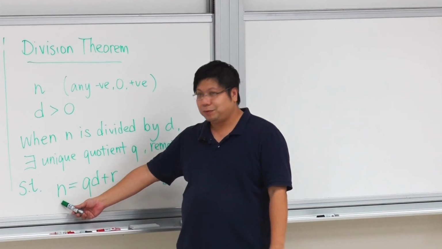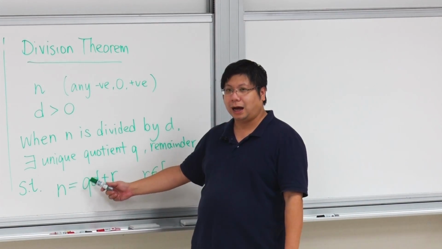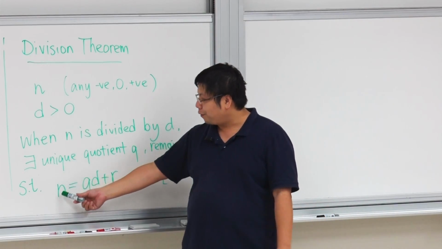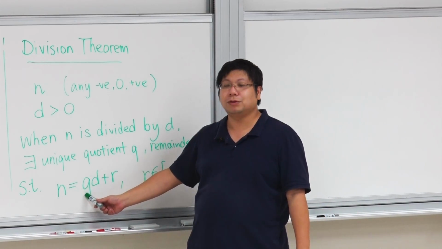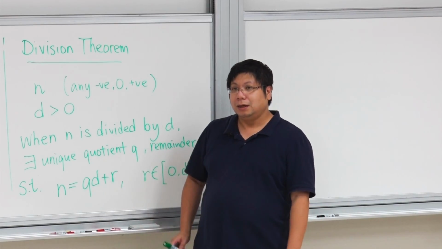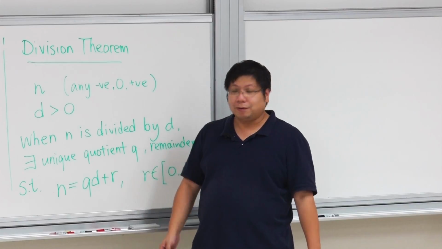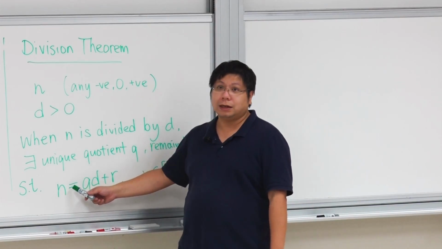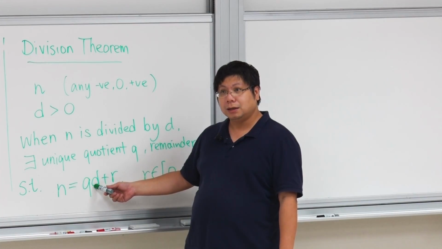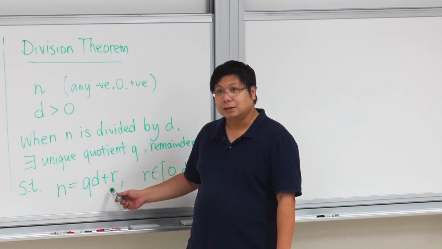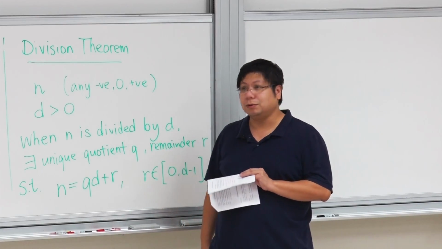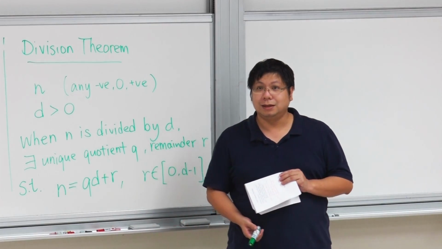So 5 can be written as 1 times 3 plus 2. In that case, when 5 is divided by 3, the quotient will be 1 and the remainder will be 2. But negative 5 is equal to negative 2 times 3 plus 1, so the quotient will be negative 2 and the remainder will be 1.